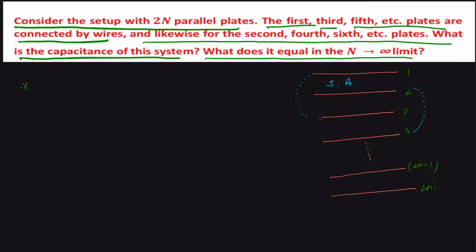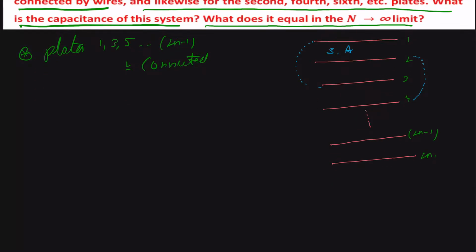The plates 1, 3, 5 up till 2n minus 1 are connected with each other, and obviously they will be at the same potential.